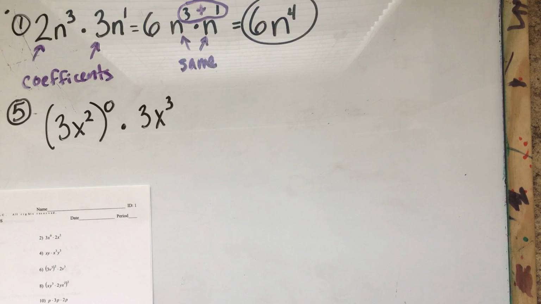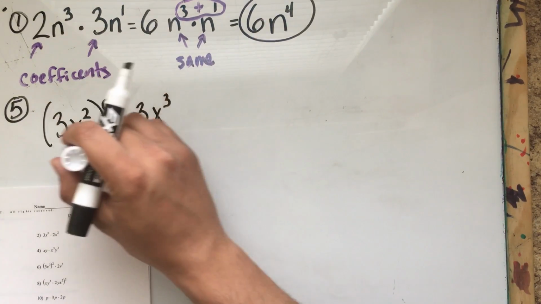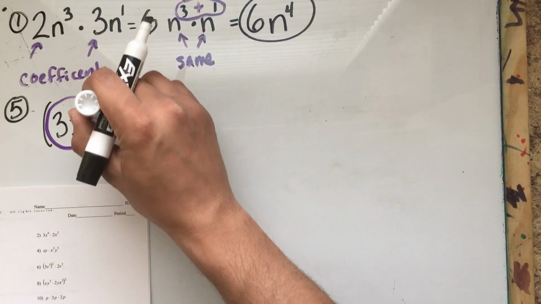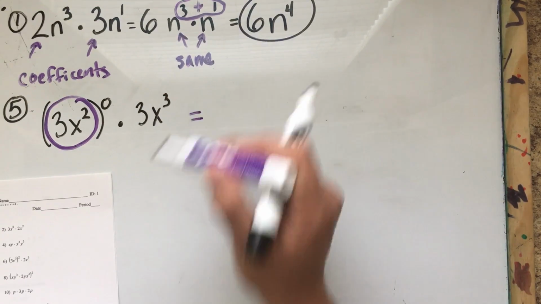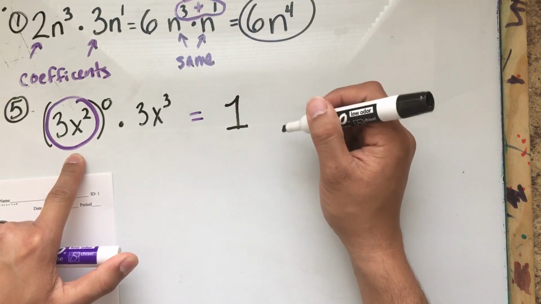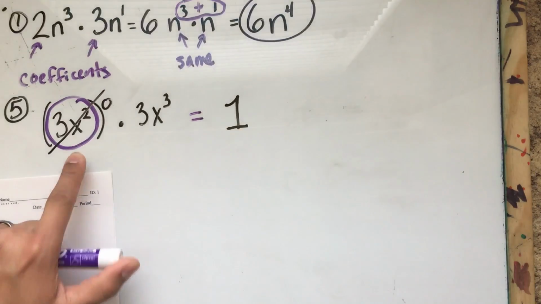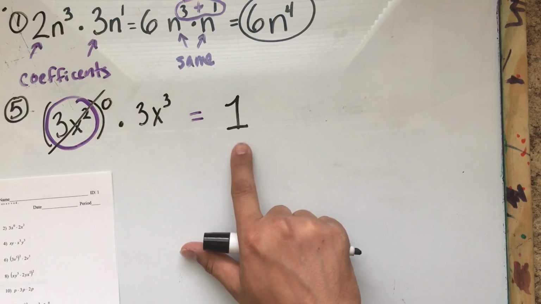So here you're going to be applying the 0 rule. Basically, whenever you have something like this, because it's to the 0 power, the whole thing becomes just 1. It just disappears completely. The rule for anything to the 0 power is going to be 1.